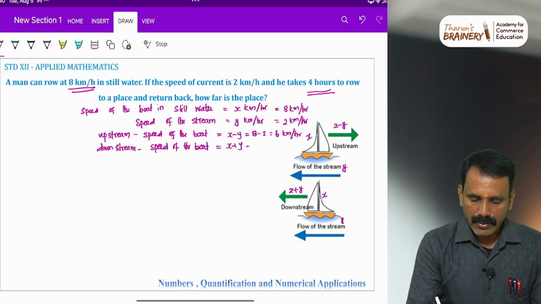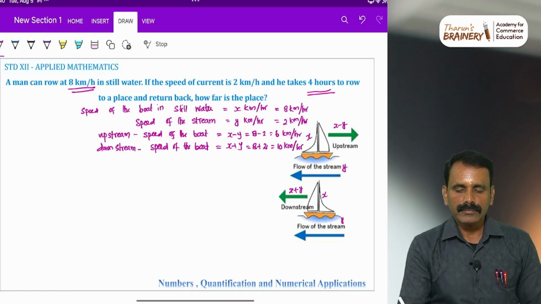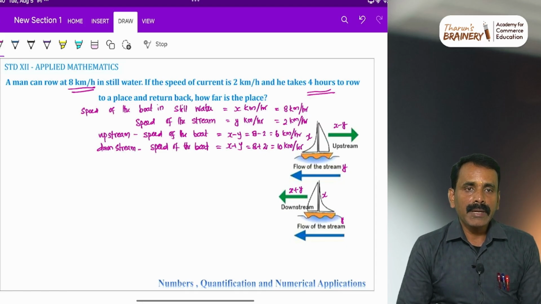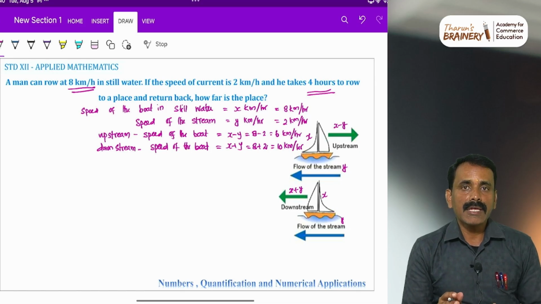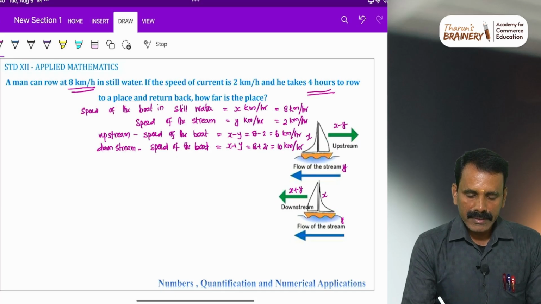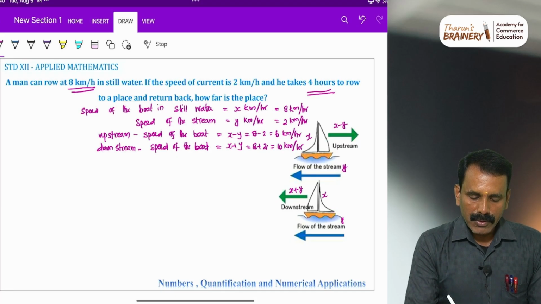So x plus y, that is equal to 8 plus 2, that is nothing but 10 kilometer per hour. Now the total time taken for the upstream travel as well as downstream travel is going to be 4 hours. And we don't know the value of the distance traveled. That's what we are going to find out.